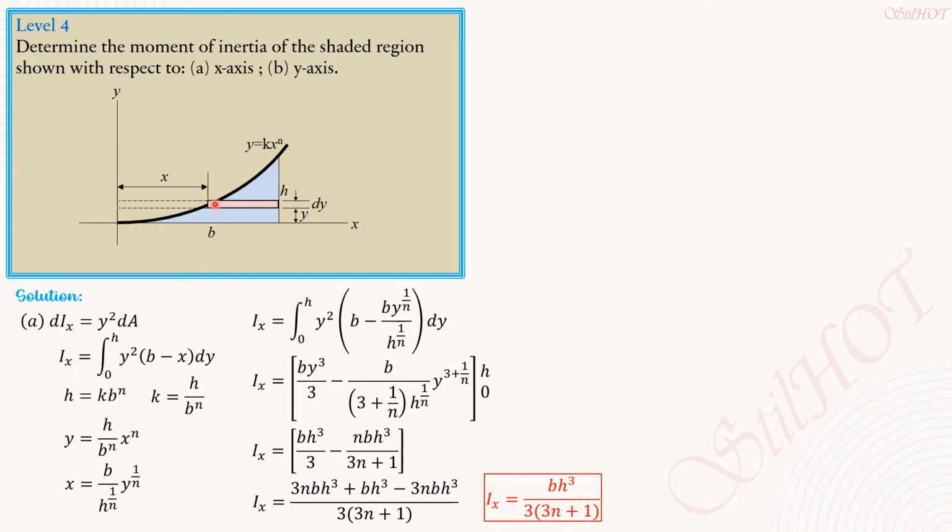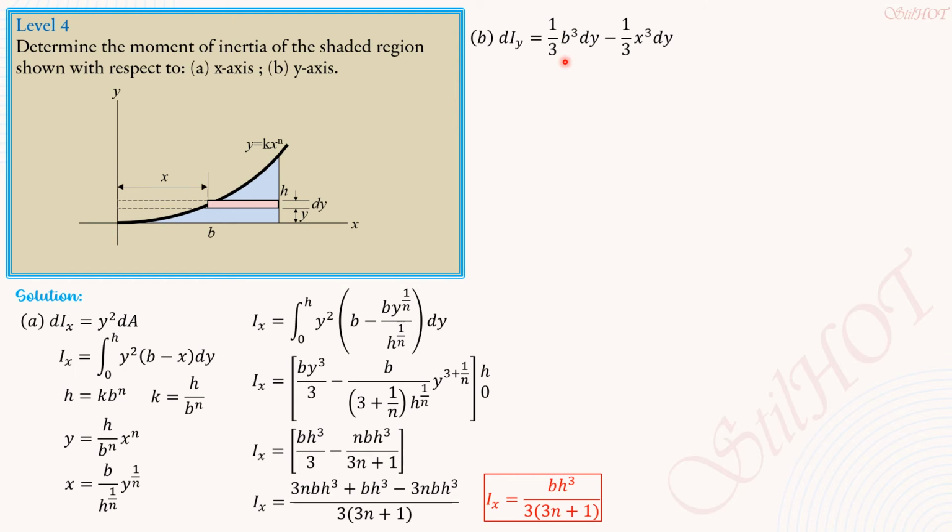So for this rectangular strip, it is 1/3 of dy b cubed. Remember the basic formula for the moment of inertia of a rectangle with respect to the base. Then minus 1/3 dy height cubed. So differential Iy equals 1/3 b cubed dy minus 1/3 x cubed dy.